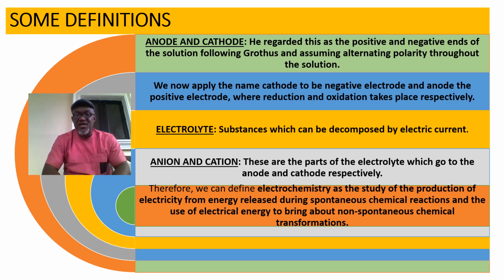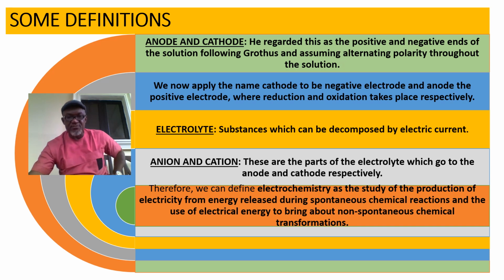Copper sulfate can be an electrolyte. Zinc sulfate, an electrolyte, as we are going to see further. Many of them. Now we have anion and cation. This is where the acronym of the Students' Chemical Society came from. Those in chemistry, they will now come and shout, great anions, great cations.